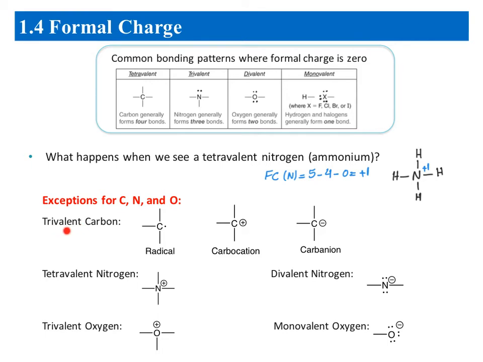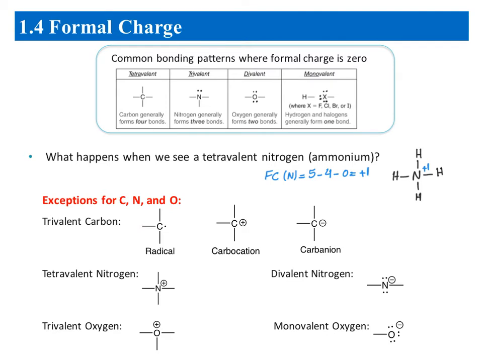However, we can have trivalent carbon in 3 different formats. It can be neutral, which we call a radical carbon, and radical carbon has 2, 4, 6, 7 electrons. It can be positively charged, which we call a carbocation, and carbocation has only 6 electrons, so it doesn't follow the octet rule, same as radical.